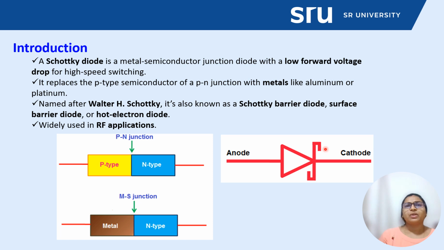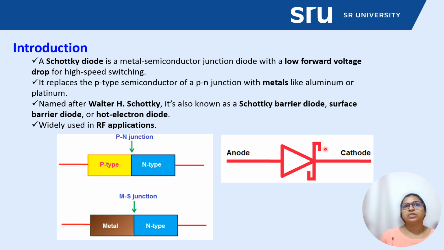When the aluminum or metal is joined with the N-type material, a junction named the metal-semiconductor junction is formed between a metal and an N-type semiconductor, which creates a barrier or depletion layer. This is specially named the Schottky barrier.